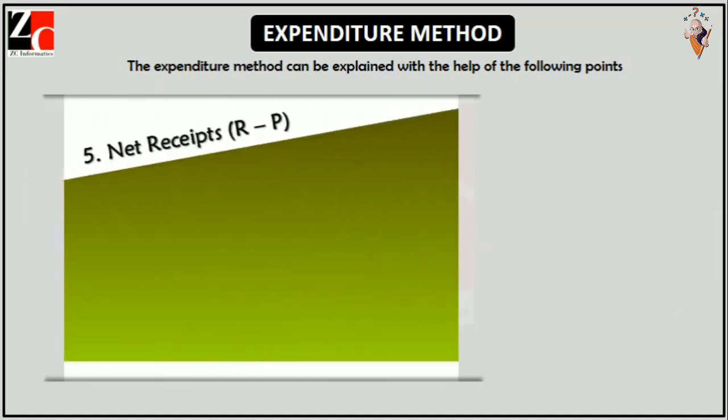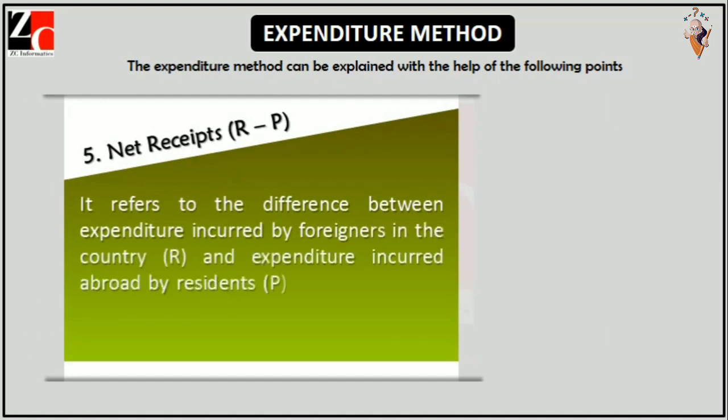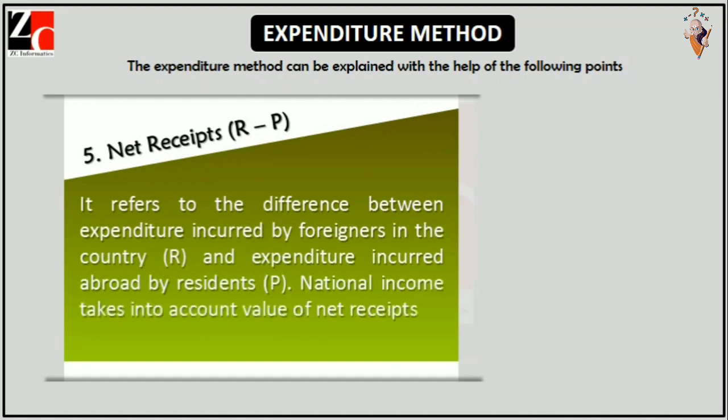Point number 5. Net receipts. It refers to the difference between expenditure incurred by foreigners in the country and expenditure incurred abroad by residents. National income takes into account value of net receipts.